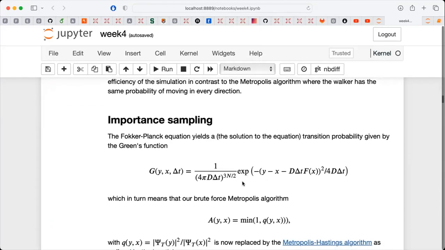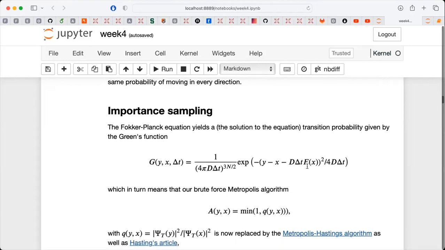You can show that when you plug this into the Fokker-Planck equation, you find this distribution in the same way as we did for the standard diffusion equation. In the standard diffusion equation, this term with f of x disappears. And this means that this equation is now not reversible. If I move from x to y, there will be a force here which depends on the position in y.